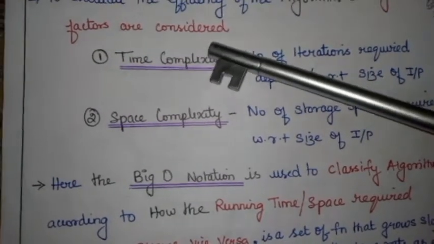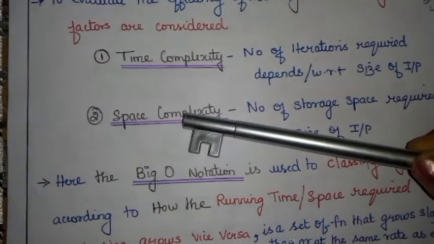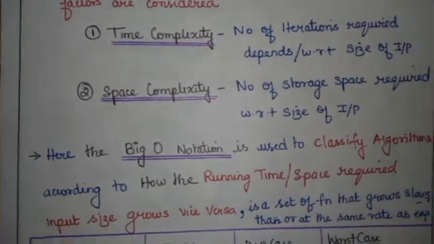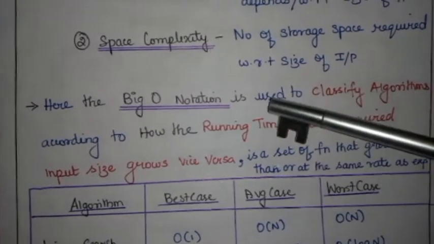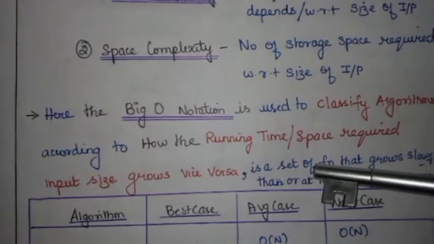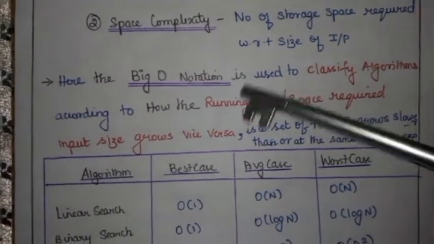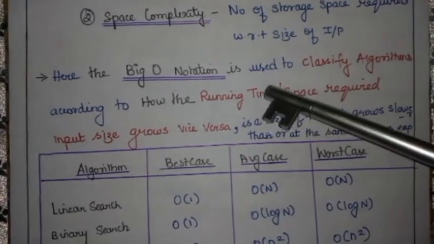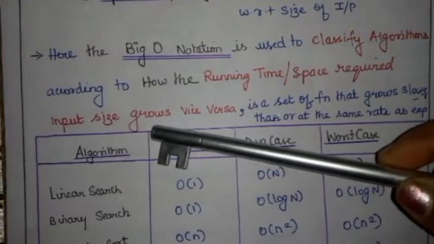Based on the time complexity and space complexity, we are going to fix the algorithm's complexity. Here the big O notation is used to classify algorithms according to the running time and space required. That is why we use big O notation, which considers only these two factors, the running time and space required depending upon the input size.